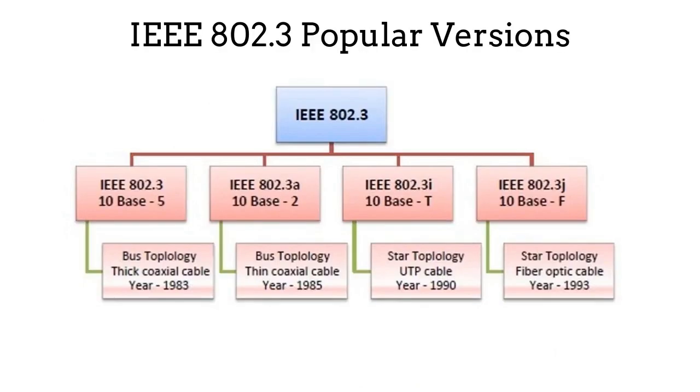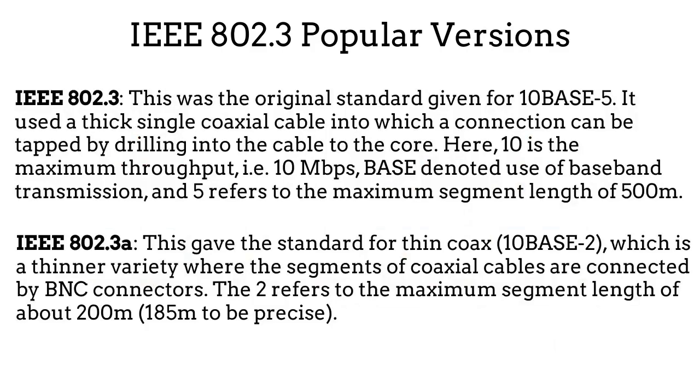Now let's see the popular versions of IEEE 802.3. There are a number of versions of the IEEE 802.3 protocol. The most popular ones are IEEE 802.3, IEEE 802.3a, IEEE 802.3i and so on. Now see IEEE 802.3.